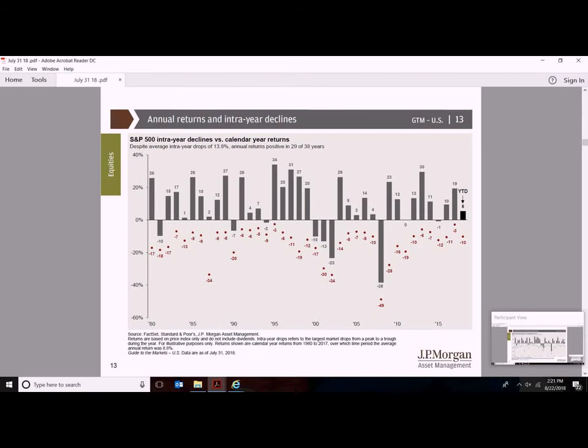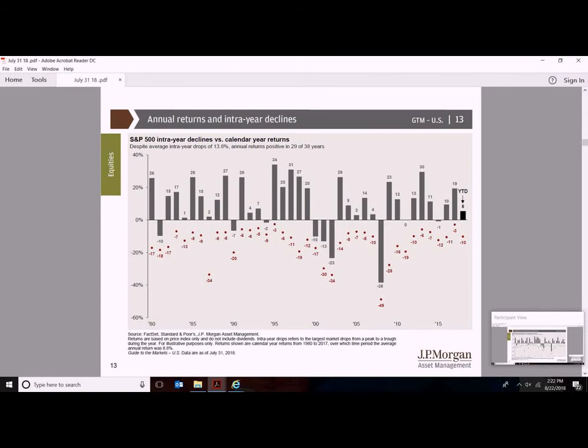So, for instance, in 2010, if you held the whole time, you earned a positive 13% return for that particular year. But you had to endure a minus 16% drop in 2010. So during the course of the year, at some point, the S&P fell 16% and then rallied and came all the way back to end on a positive 13% note.